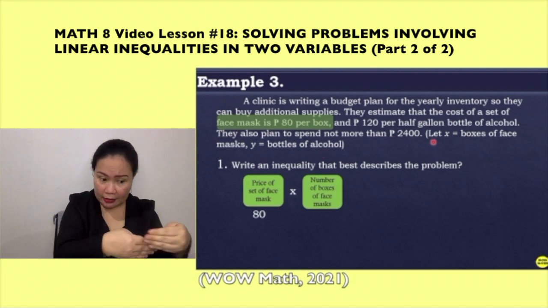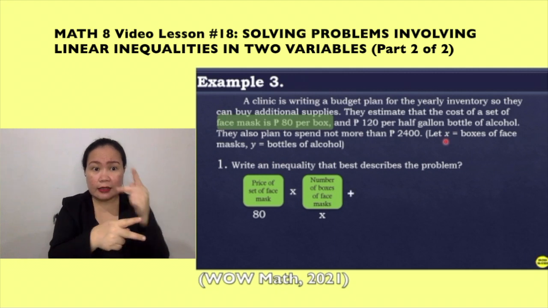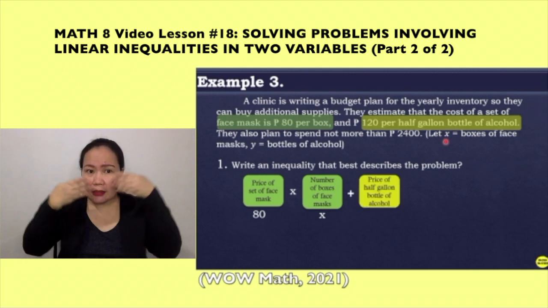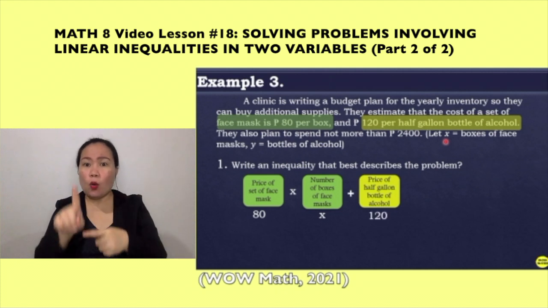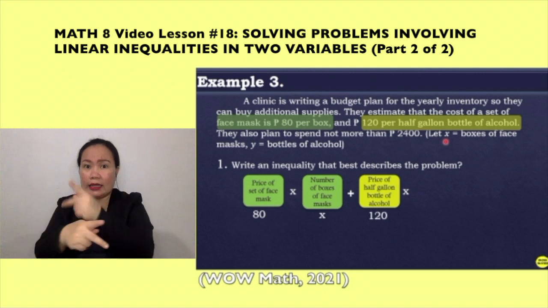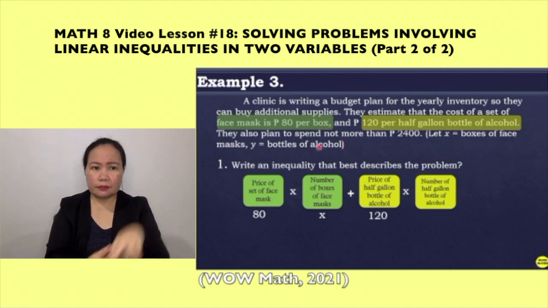So, since ni-represent natin yung box as X, so this is X. Plus, yung price ng ating per half gallon of alcohol, that is 120. Ita-times natin siya kung ilang bote ng alcohol na mabibili. So, i-represent natin siya as Y.